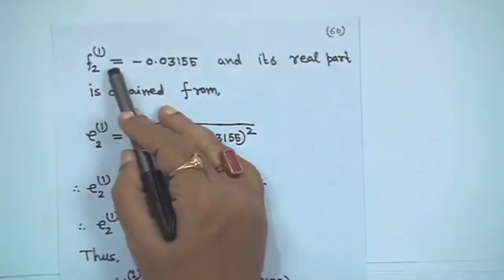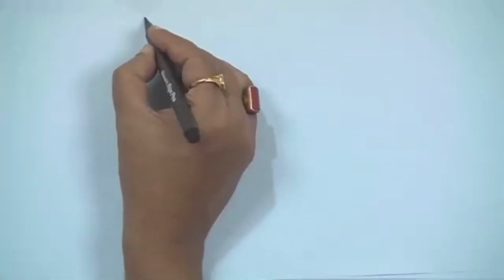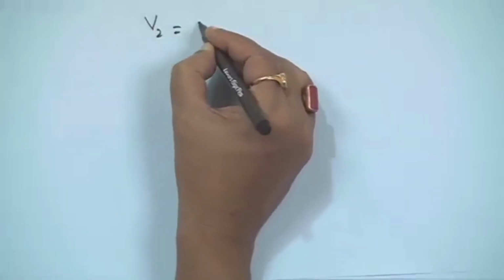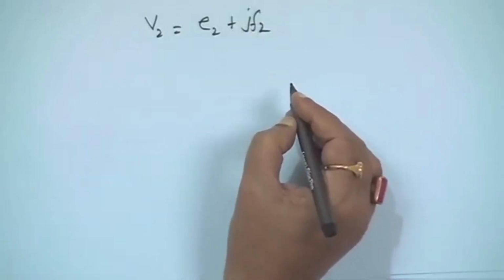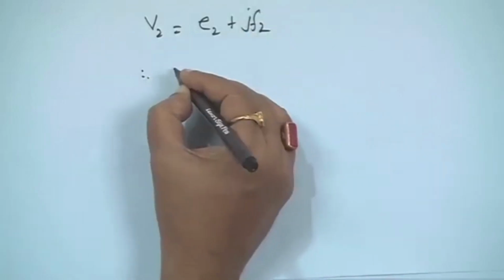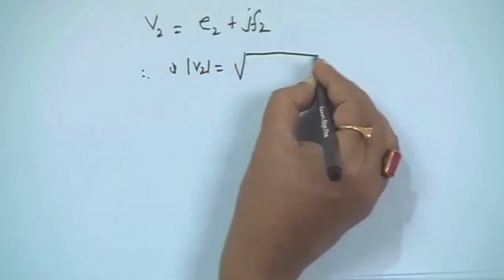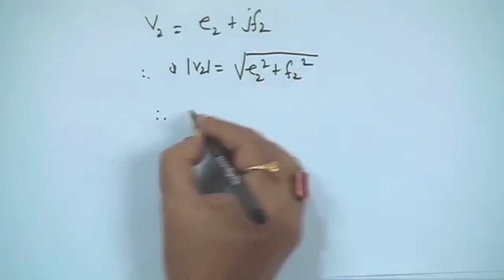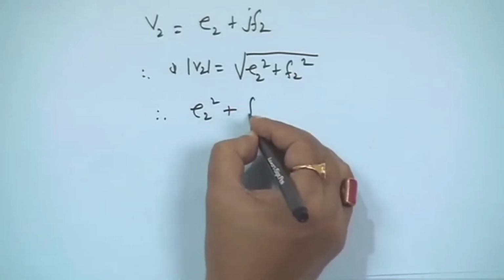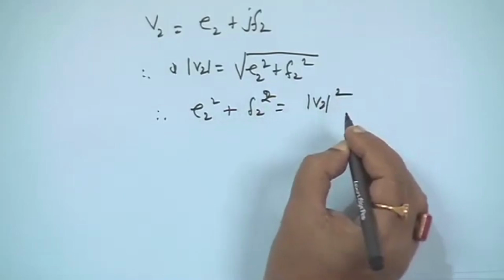V2 is equal to E2 plus jF2, right. This way you are taking. That means the magnitude of V2 is equal to root over E2 square plus F2 square. Otherwise you can write E2 square plus F2 square is equal to magnitude of V2 square, right.